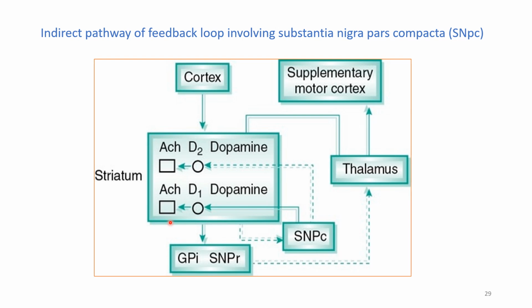So the disinhibition principle you should remember. We have already discussed that, and the other indirect pathway which involves SNPC is important for modulating the action of the basal ganglia. So it will stimulate the direct pathway and it will inhibit the indirect pathway. And the thalamus is also projecting onto the striatum and it will also modulate the action of the basal ganglia.